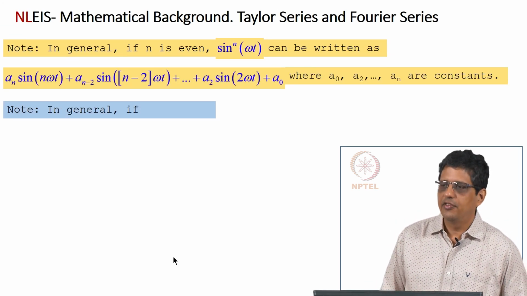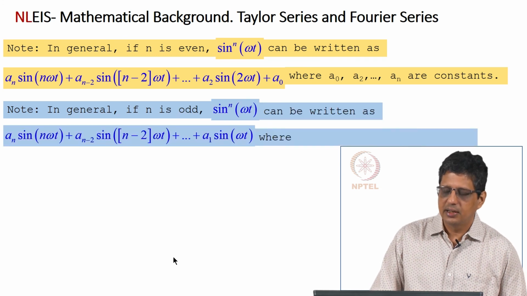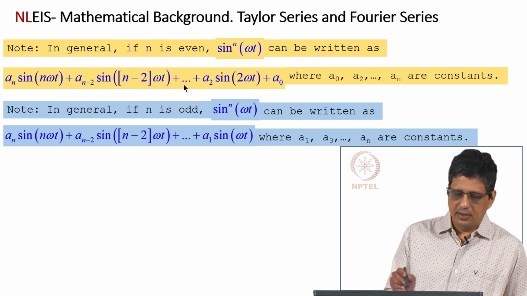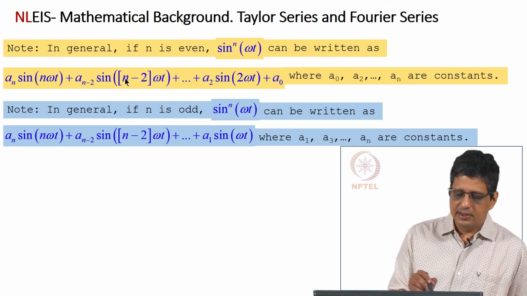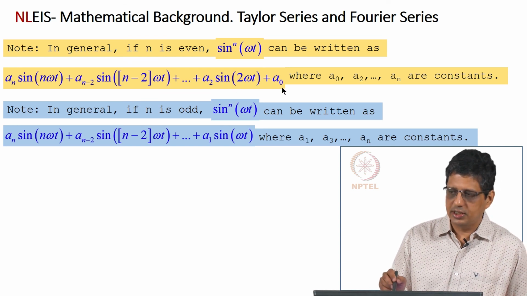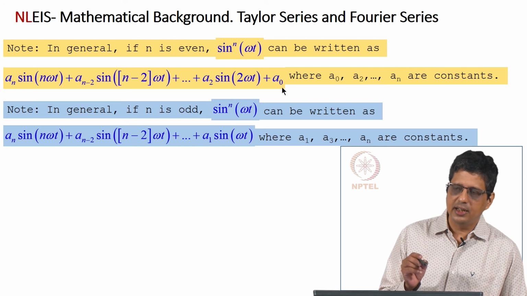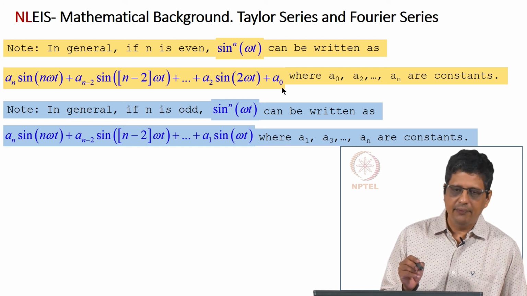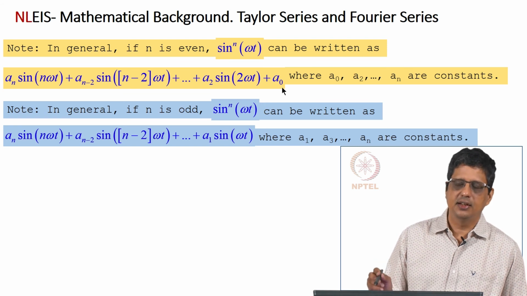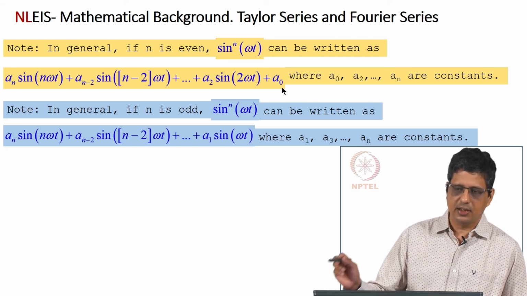In general, if I write it in terms of sin power n omega t, we can write it as a series: sin n omega t, sin n minus 2, etc., until we get to a constant. That means, if I start with sin power 10 theta, I will get sin 10 theta, sin 8 theta, sin 6 theta, 4, 2 and then a constant.